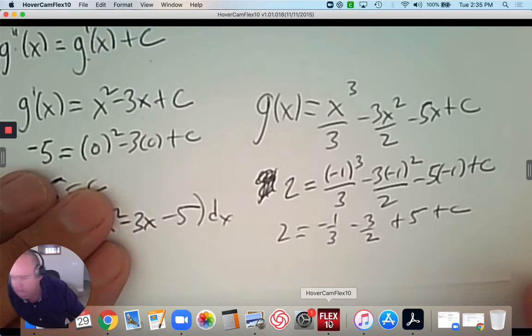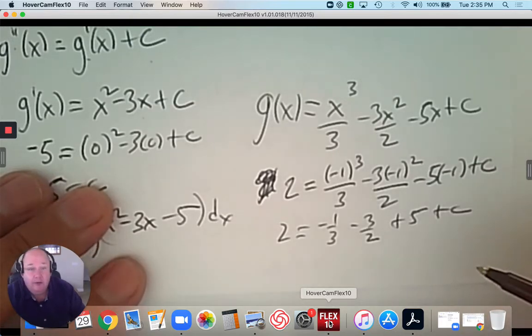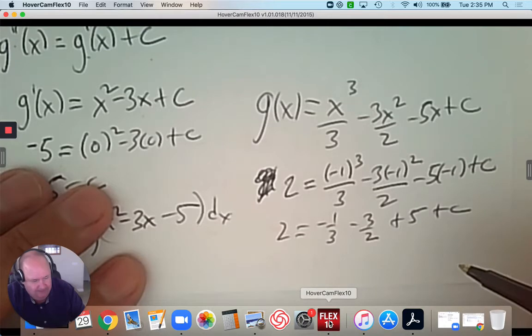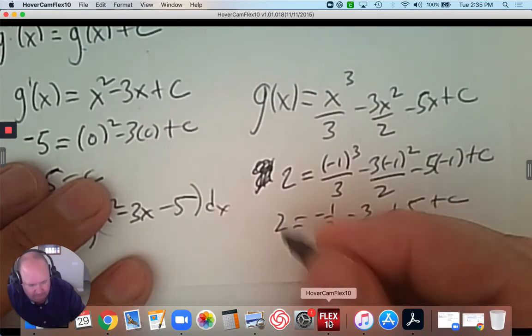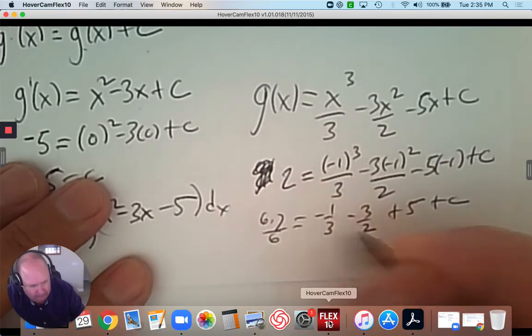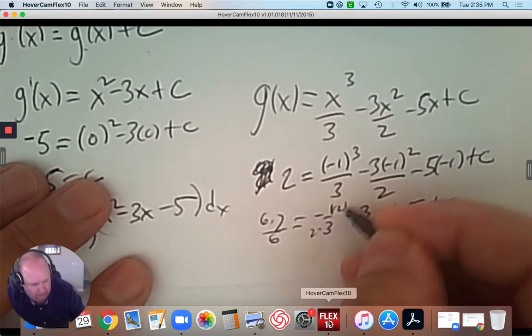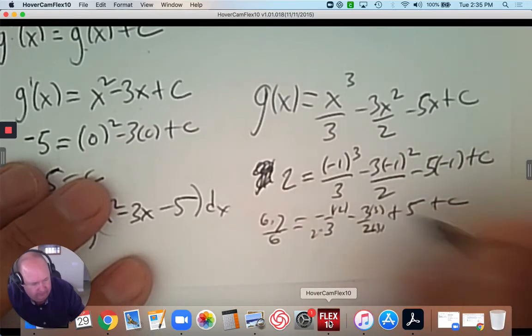So negative 1/3, negative 3/2 plus 5. All right, let's solve this. So I need common denominators all around. That will make life easier. It's going to be 6. So I'm going to multiply by 6, by 2, by 3, by 6, and I'm going to clean it up.